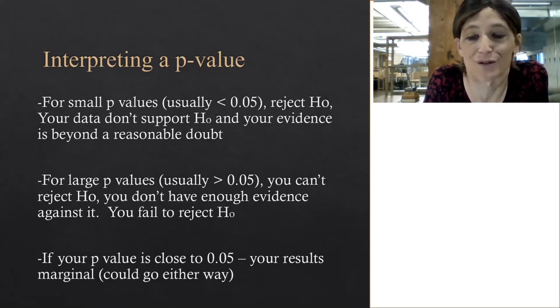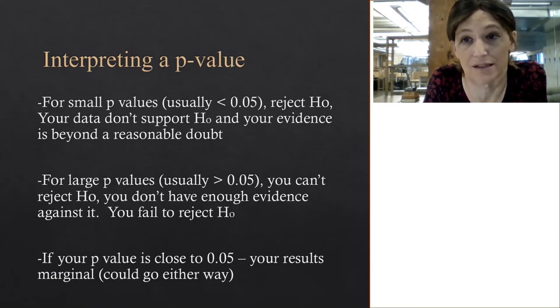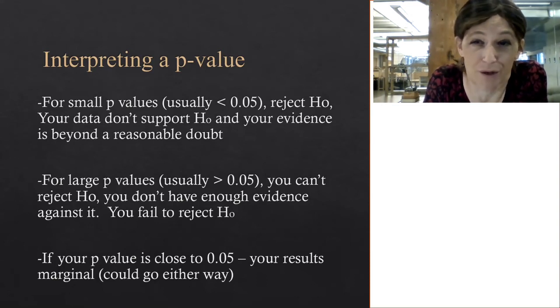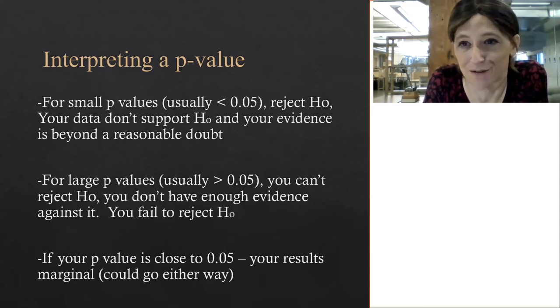If your p-value is close to 0.05, no fudging here, your results are considered marginal. And you will see people say that things are marginally statistically significant, let's say at 0.06. I don't recommend doing that. However, if you're just looking at your data in preparation for analysis and you're trying to determine the associations among variables, we might look at marginally significant relationships with the idea that under adjustment or in a multivariate model it may actually be important.